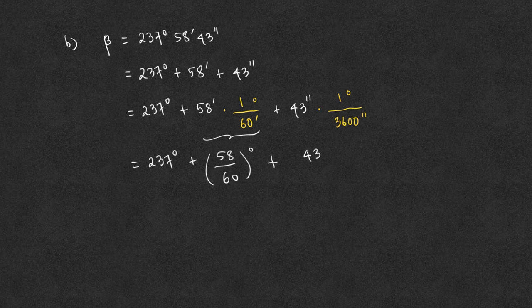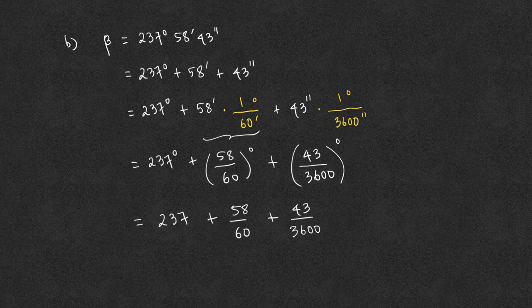Plus 43 over 3600, the seconds cancel out, and we end up with degrees.